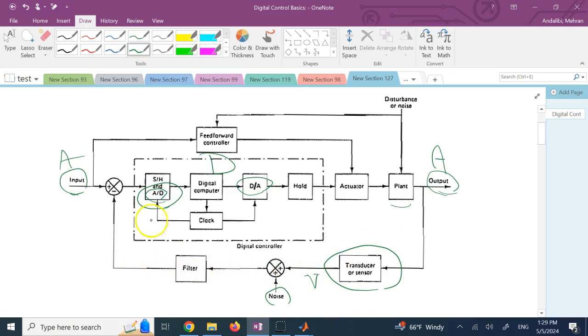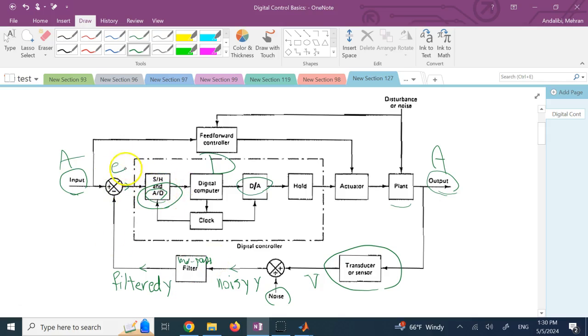And so before you pass this noisy output to the system, which can easily throw off the system from its good performance, you have to typically apply a filter to the system, so you get a filtered version of Y where the high frequency noise components are reduced. So typically this is a low pass filter, or if it's a specific range of frequencies, it could be a notch filter or anything.